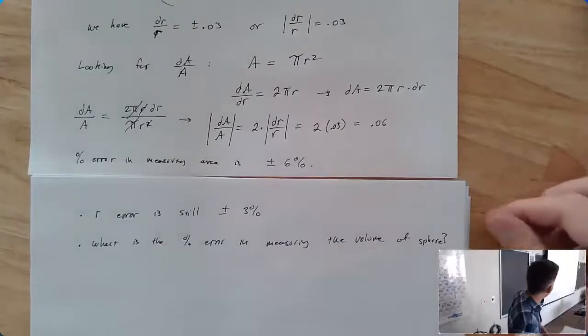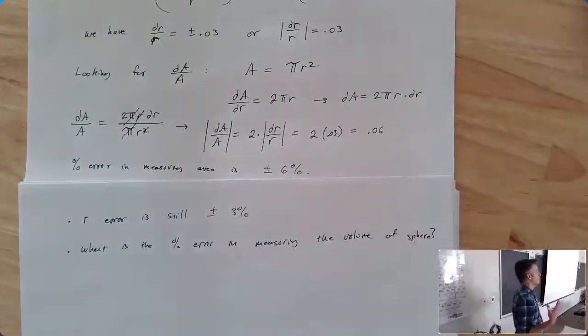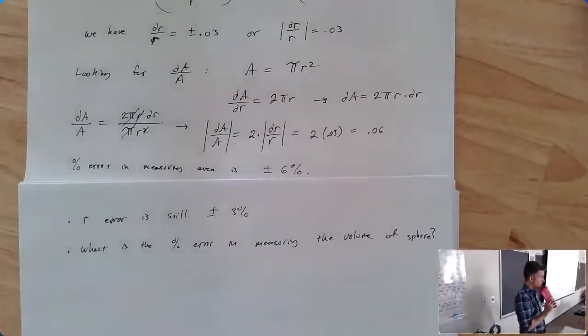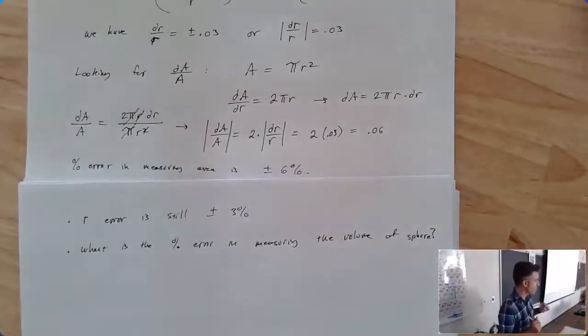So let me ask all of you, based on what I just said, what would you guess the error might be? No one's brave. It's okay. You don't have to guess. You can think about your guess inside.